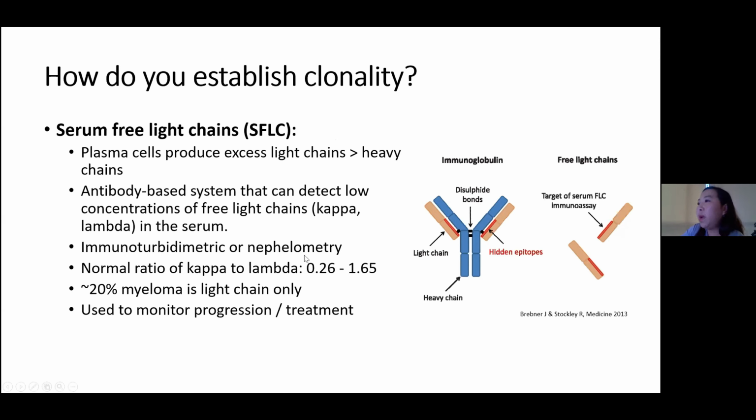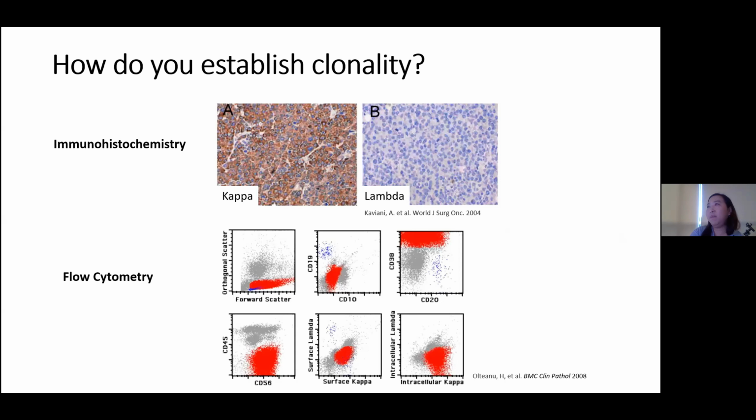The normal ratio of kappa to lambda is usually about 0.25 to 1.65. But in myeloma, you can have more than 100 to 1, for example. And in a proportion of myeloma, it's only light chain; they don't actually have heavy chain. It will be used to monitor progression or treatment for the patient as well.